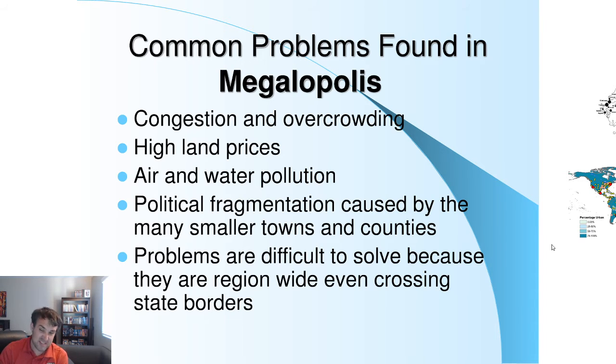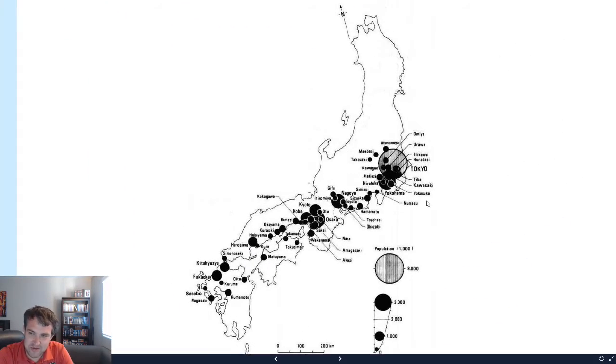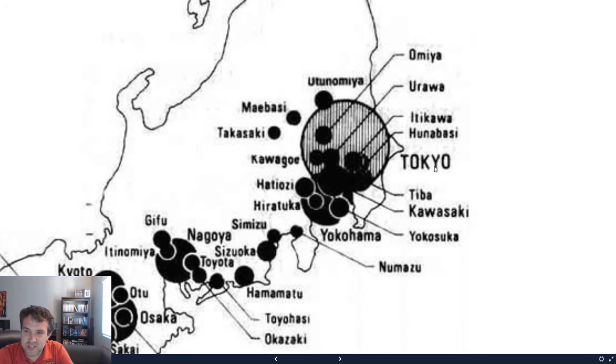And these problems are difficult to solve because sometimes these megapolises not only cross regional borders within your country, some megapolises flow into other countries as well. So you have to consider that this megapolis is on two sides of the same border, or on different borders. Okay, so the biggest megapolis in the world is this one. It's Tokyo.